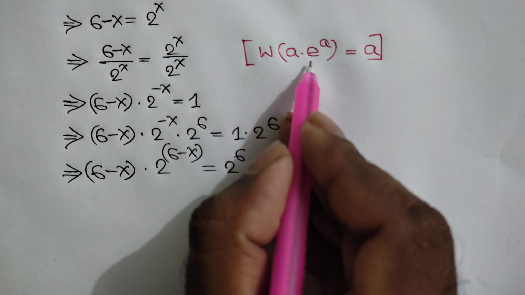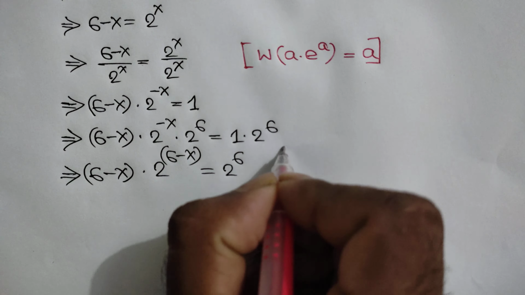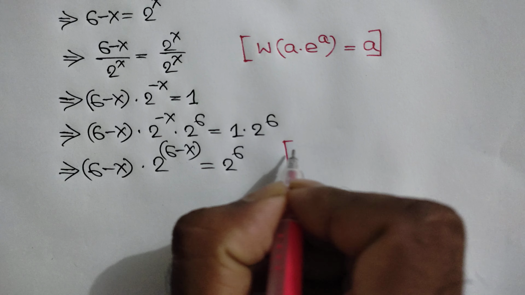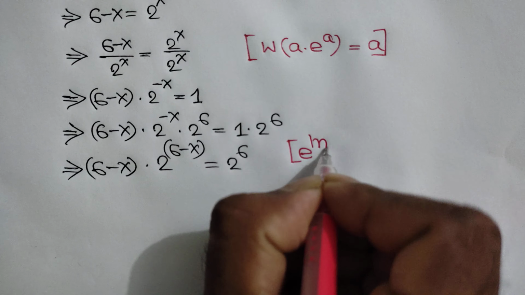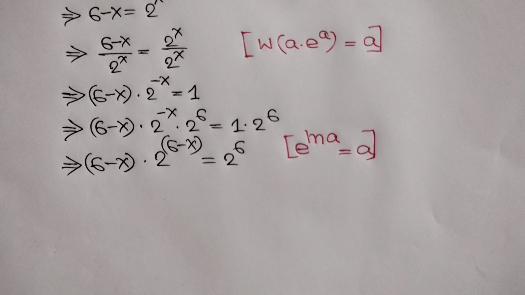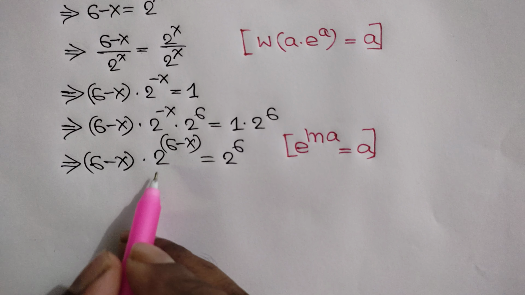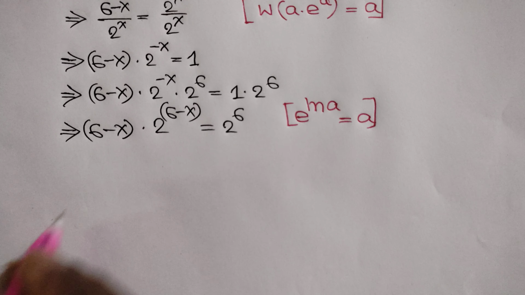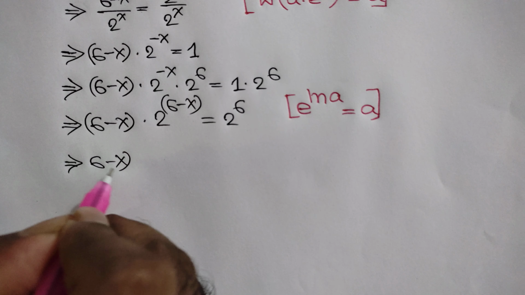Now we need e. We know that e to the power ln of a is equal to a. So this 2 can be written as e to the power ln of 2, for 6 minus x.